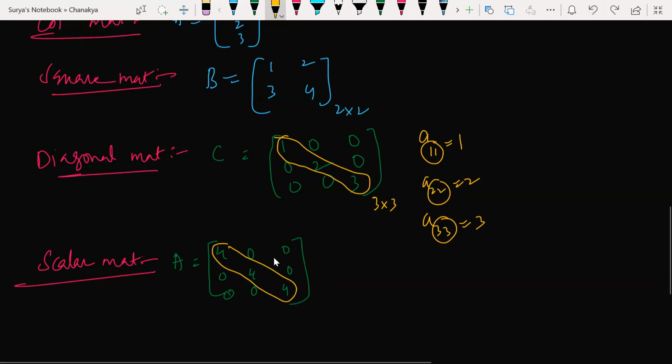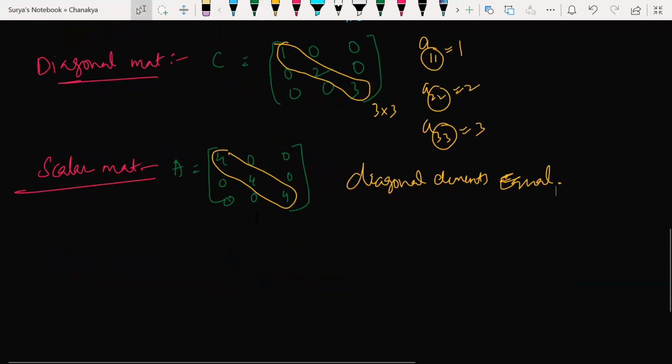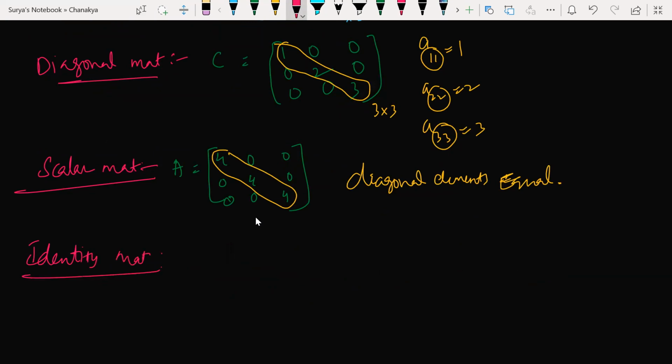So the diagonal elements should be equal. Very simple, that is a scalar matrix. Now, if I talk about the identity matrix, suppose I have a matrix A called 1, 0, 0, 0, 1, 0, 0, 0, 1.